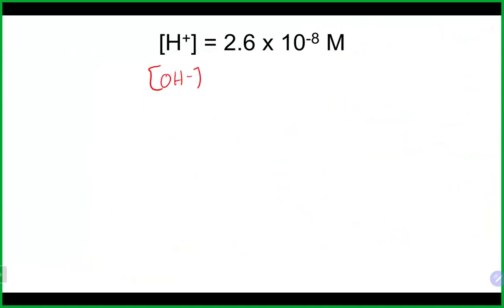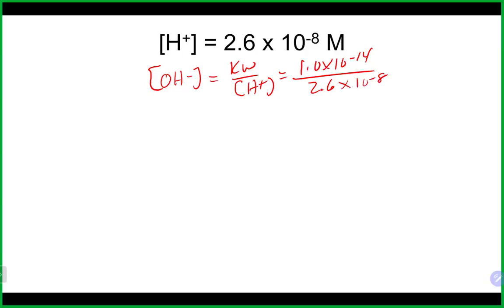All right, let's take a look at the other ones then. Next one is H plus concentration, 2.6 times 10 to the minus 8. That means my OH minus concentration will be our KW divided by H plus, which will be 1 times 10 to the minus 14 divided by 2.6 times 10 to the minus 8.